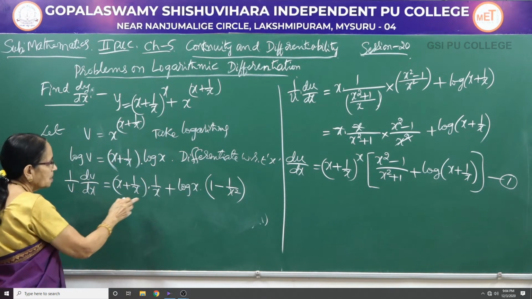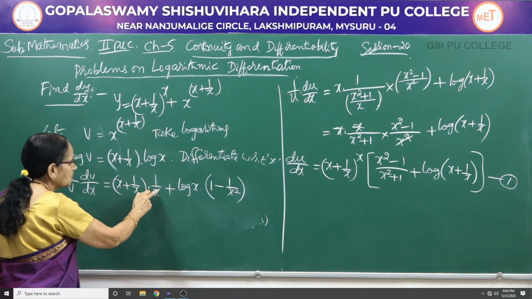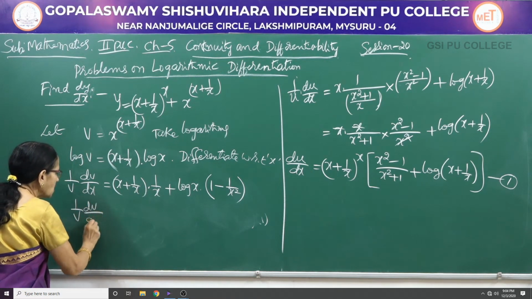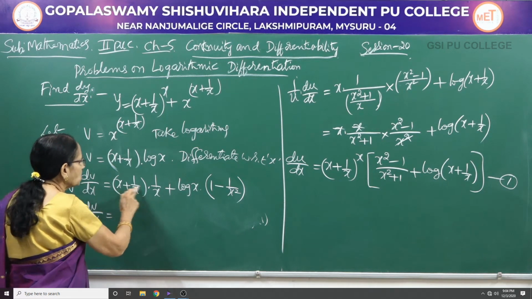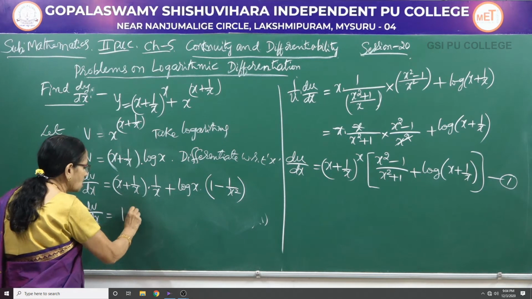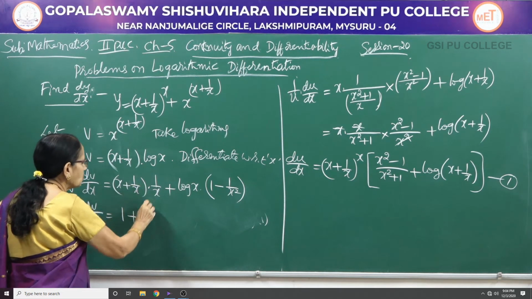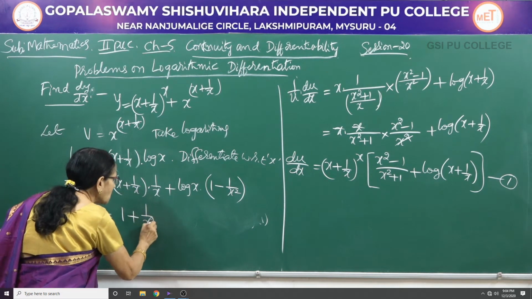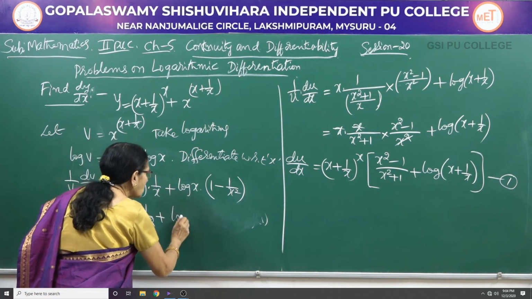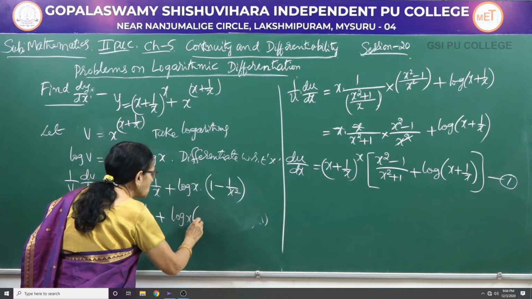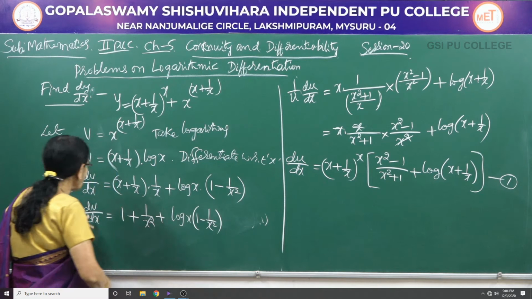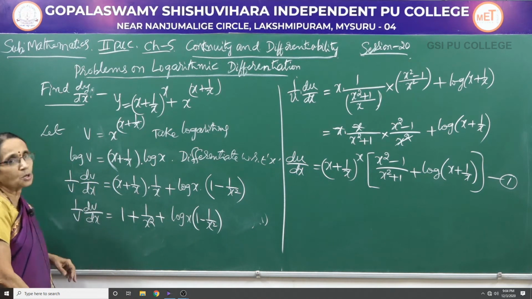Now, here if you want you can multiply these two terms, that is 1 by v into dv by dx would be equal to, when you multiply x into 1 by x is x and x they get cancelled, 1 and 1 by x into 1 by x becomes 1 by x square, plus you write it as log x into 1 minus 1 by x square. Now, this is 1 by v into dv by dx.